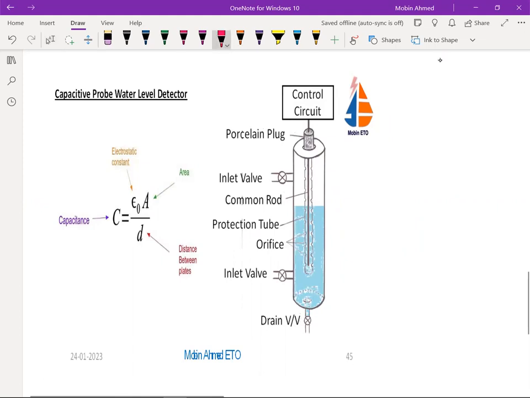So capacitance C is going to depend upon the electrostatic constant, the area of the plate. That means there are going to be two plates. Suppose this is a plate and this is a plate. And between that we are going to have the dielectric constant. This is the dielectric constant and this is the distance between the plates. Area of the plates means how much area there is in each plate. So this is the area of the plates.